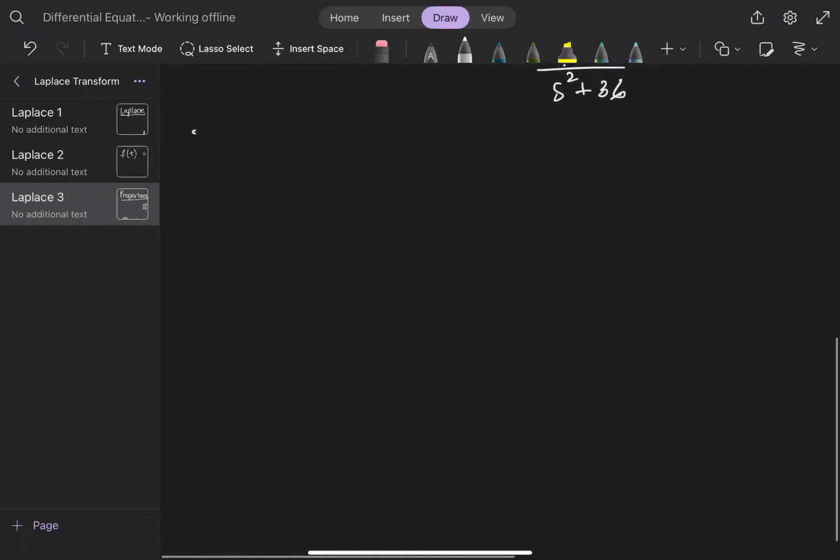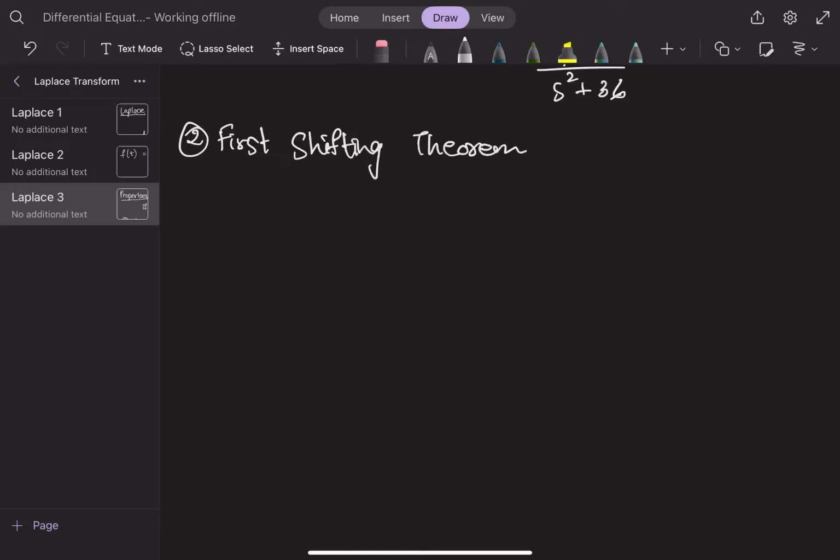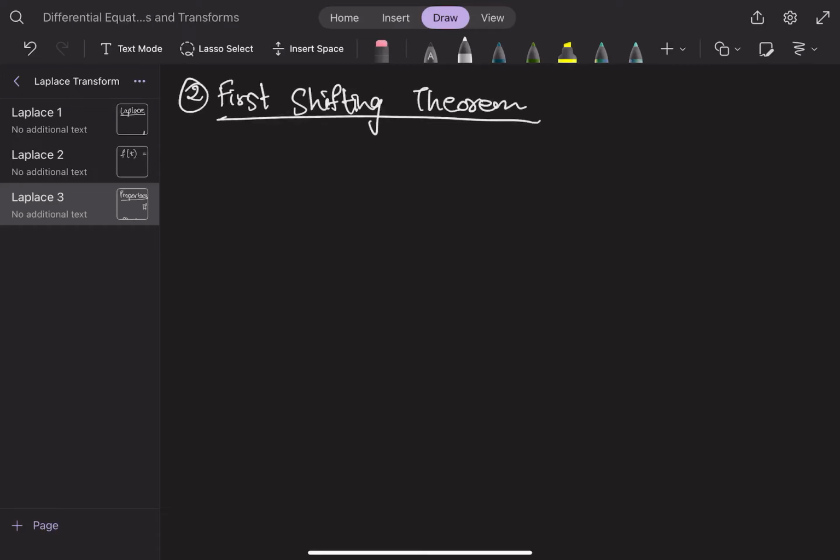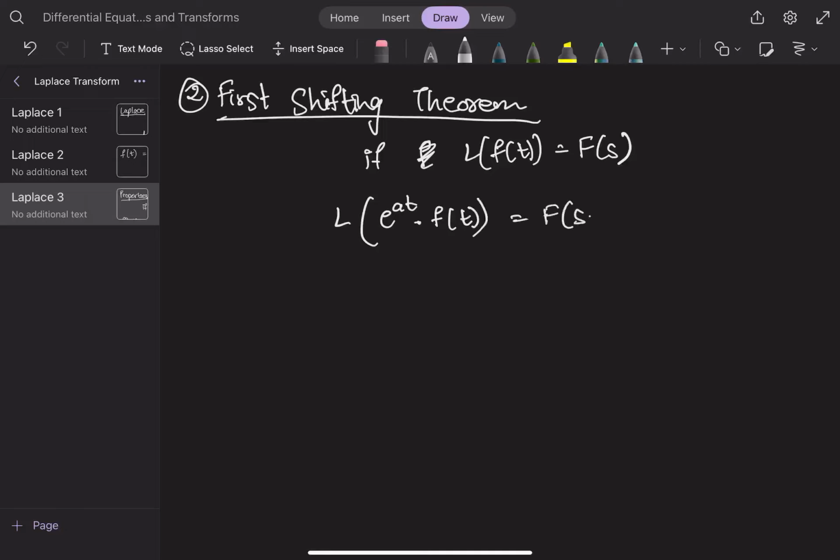Let's look at the second property. This is an important one. It is called the first shifting theorem. According to the first shifting theorem, if Laplace of f(t) is F(s), then Laplace of e raised to at multiplied by f(t) is F(s minus a), which means you just have to replace s with s minus a in the answer.